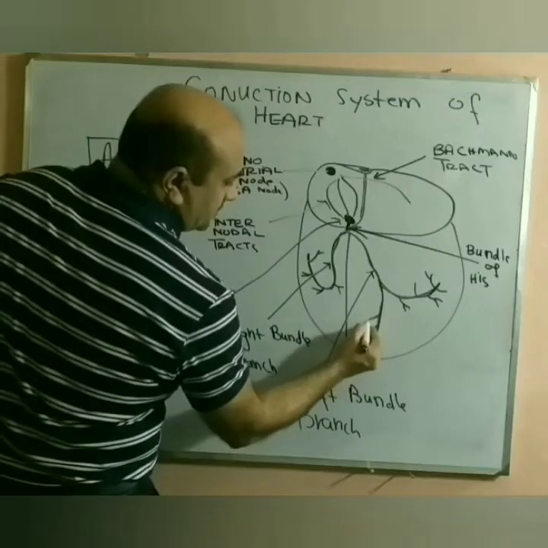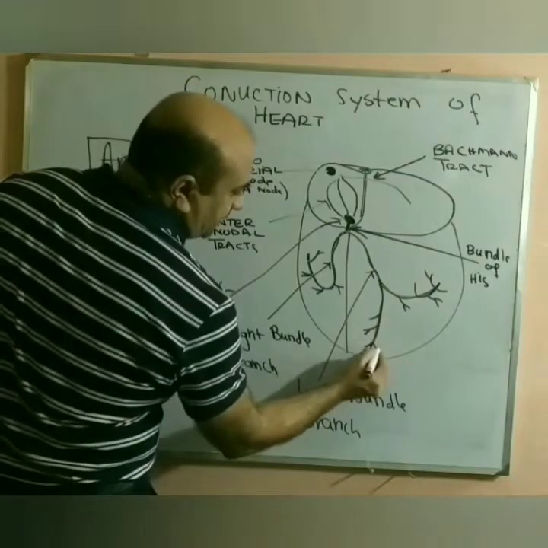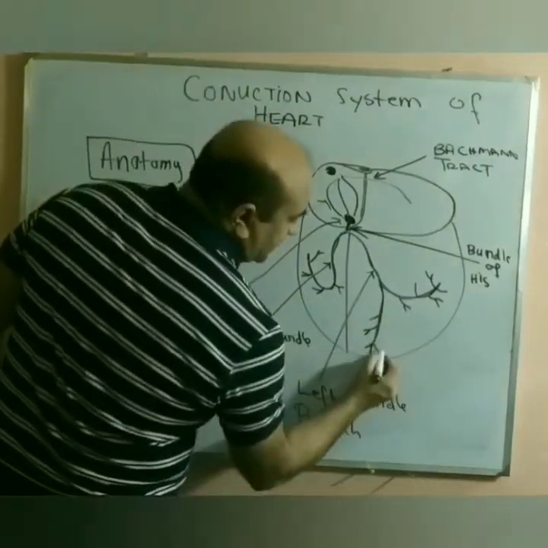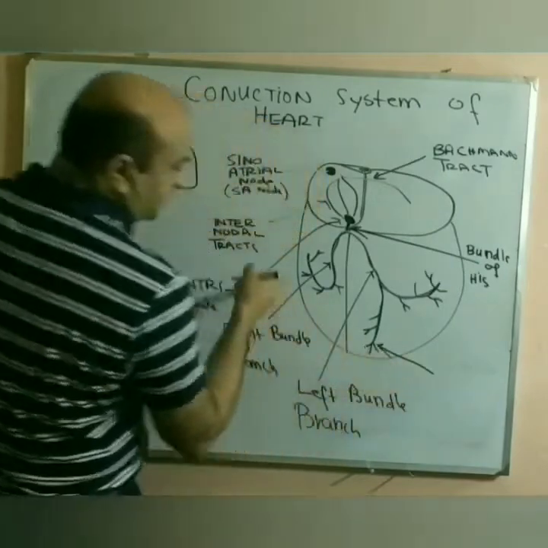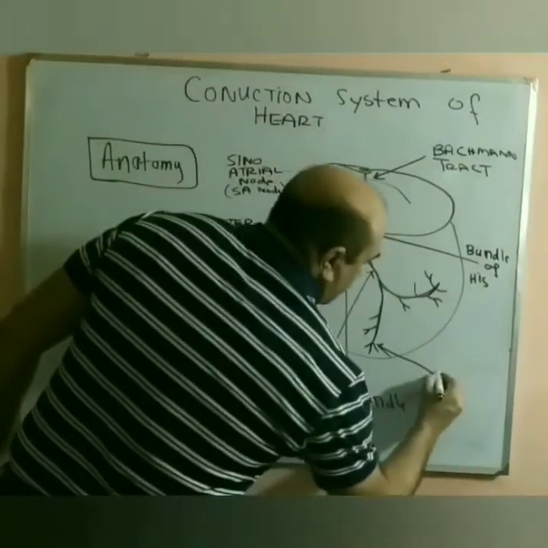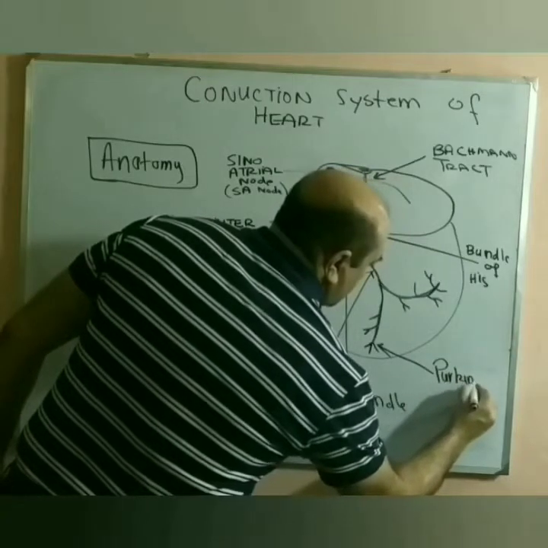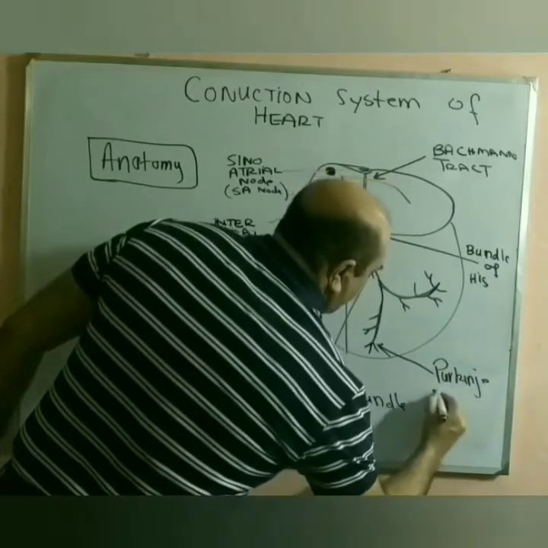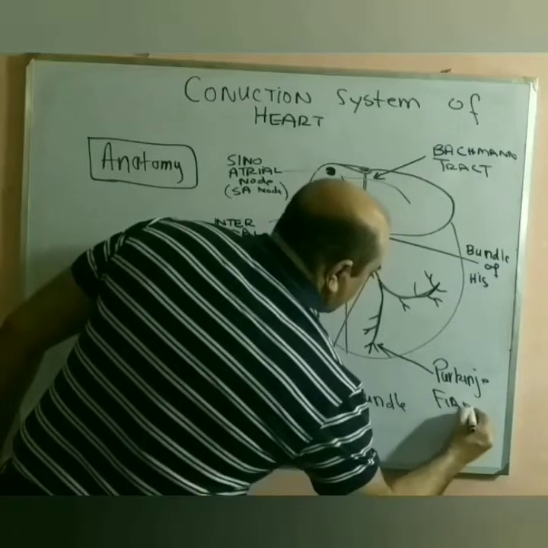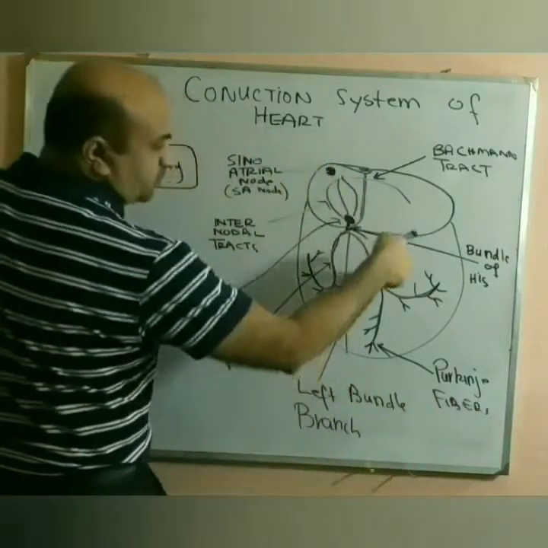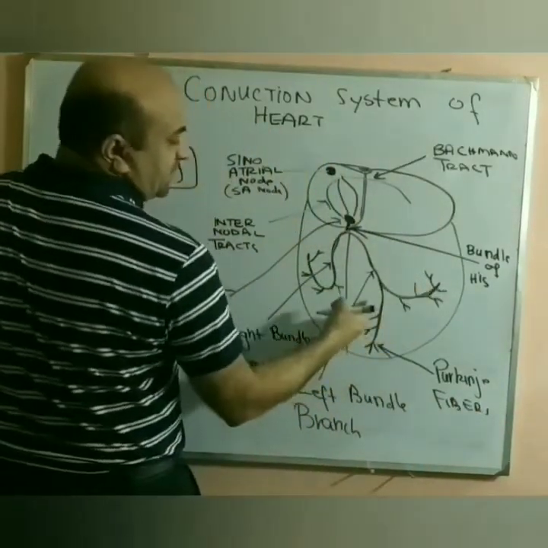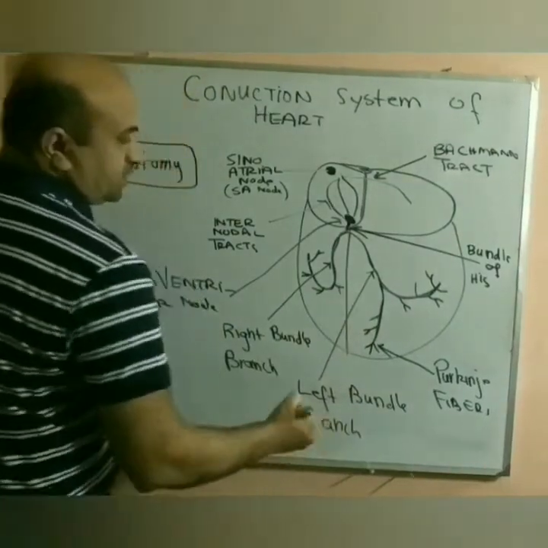And these fibers at the end of these fascicles and bundle branches are known as Purkinje fibers. This is the posterior fascicle. This is the anterior fascicle of the left bundle branch.